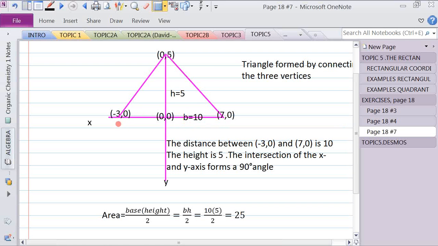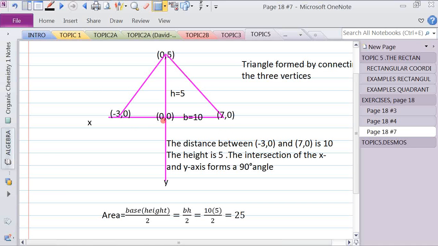Why? Because from minus 3 to 0 is 3 units, and from 0 to 7 is 7 units. The y doesn't change, only the x changes. So the distance between minus 3, 0 and 7, 0 is 10. So I know the distance from this point to this point is 10 units.